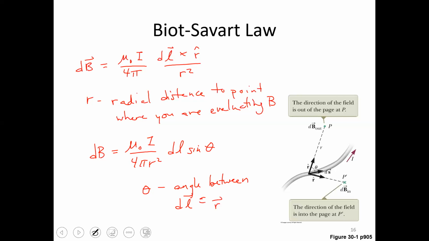Now here in your book image, they use ds instead of dl that I'm using in my notation. So if we want to find the total magnetic field at a certain point, we need to add up all these little bits of contribution.